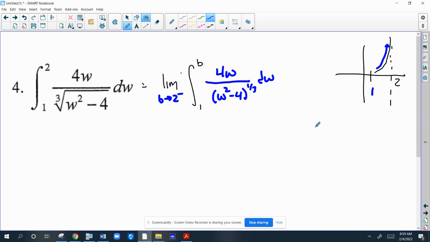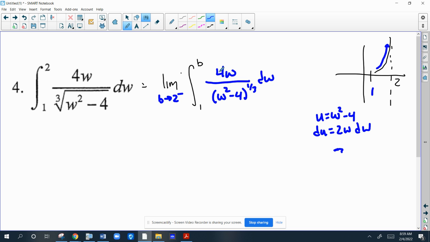To integrate this is relatively easy because if you let u be w squared minus 4, du is 2w dw. So we have 4w dw up top. There's a couple ways you can think of this, but I'm going to think of just the 4 as a constant. w dw is equal to du over 2.